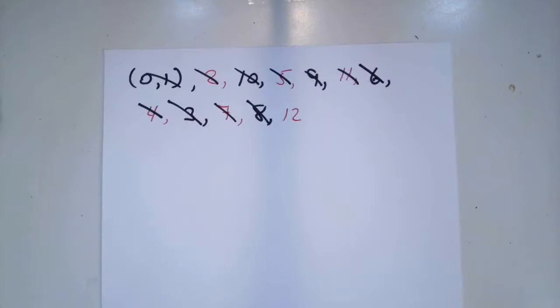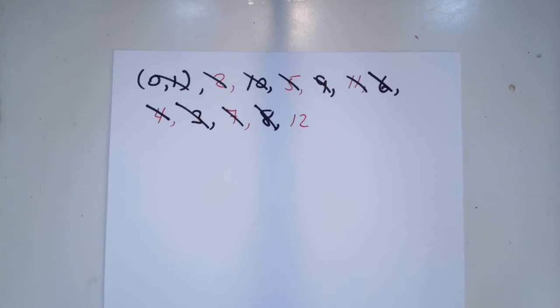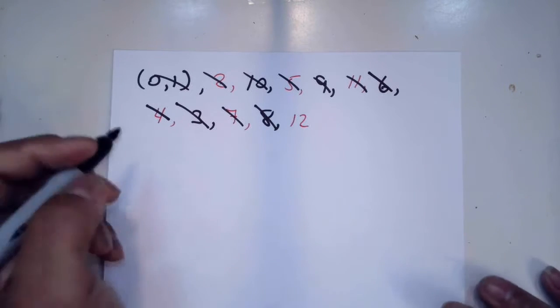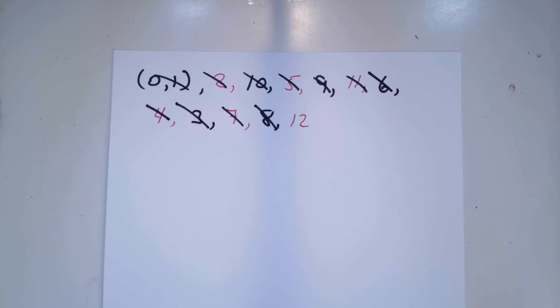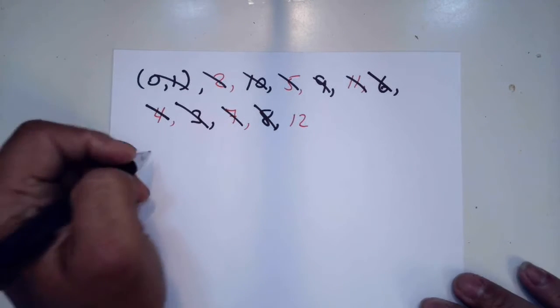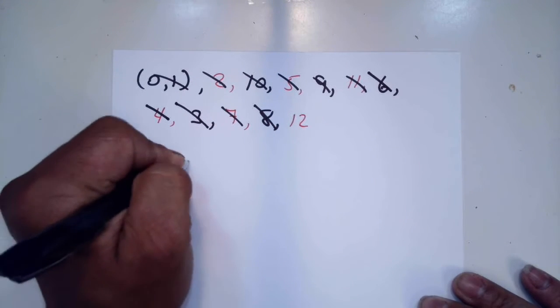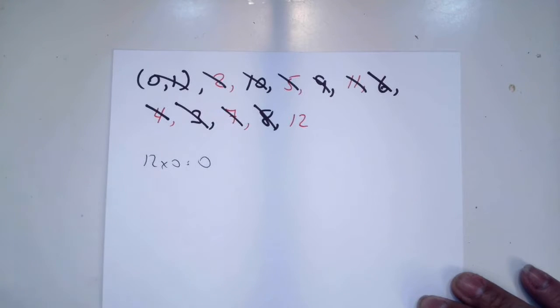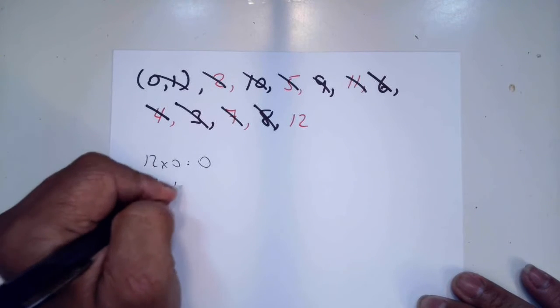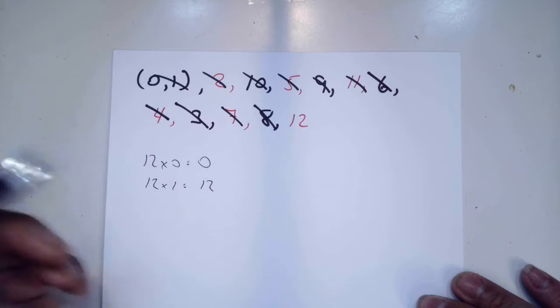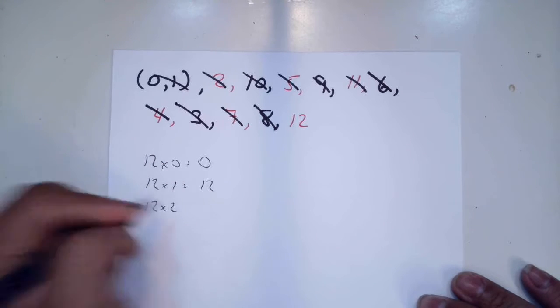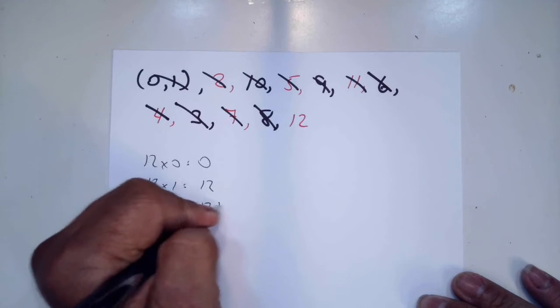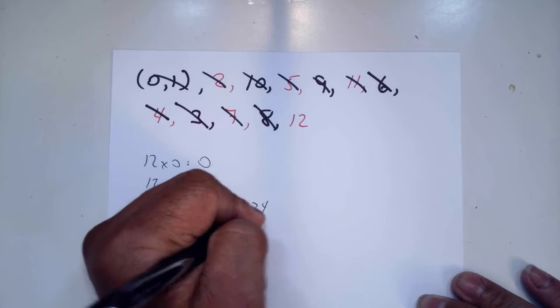Okay? Now, before I scratch out the last one, there are things I want to go over real quick. On this, 12 times 0. Remember, 0, it's always 0. 12 times 1, it's always the other number. 12 times 2, we said that was 12 plus 12, 24.